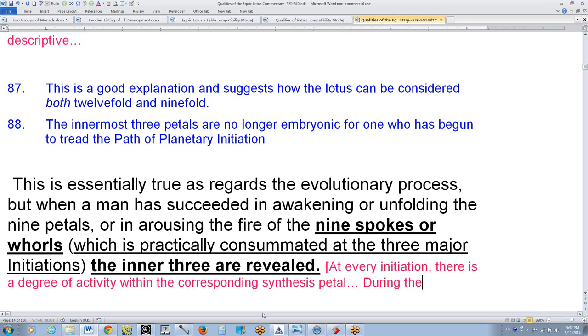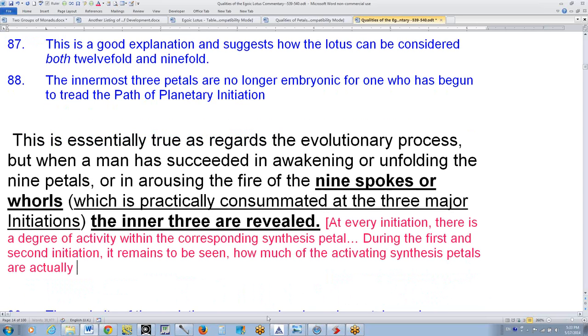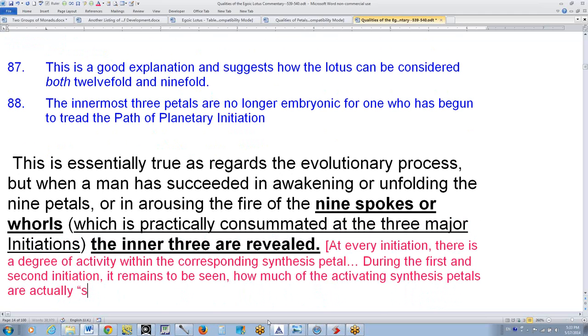During the first and second initiation, it remains to be seen, indeed, how much of the activating synthesis petals are actually, quote, seen, revealed.